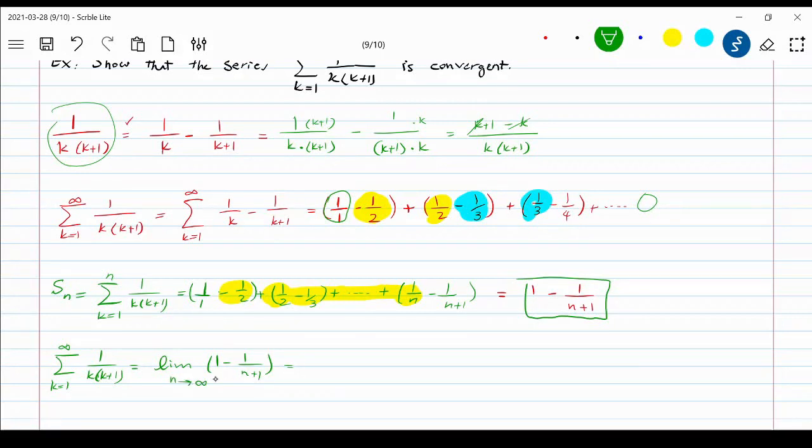If you let n approach infinity, this term approaches 0, since the denominator would be infinite, so what you get is simply 1 minus 0. So if you have a telescopic series, this is what you do: you set up the format to figure out Sn, then calculate the limit, and that gives you the summation.